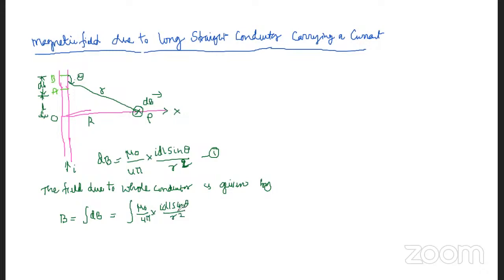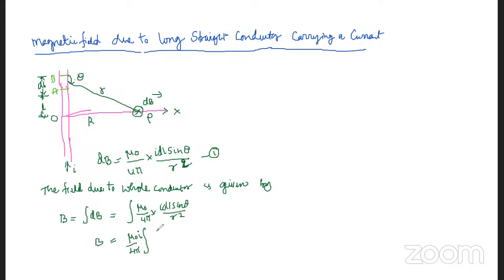So here the integration of dB is nothing but mu naught by 4 pi into IDL sine theta by r square. Mu naught by 4 pi is a constant, so we can take it outside. I is also constant, the current which is flowing through that conductor.